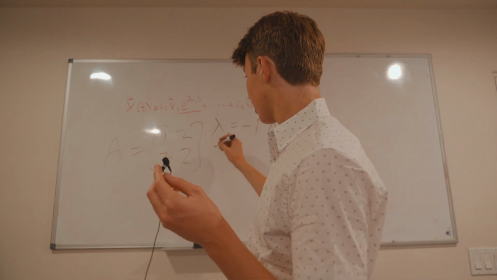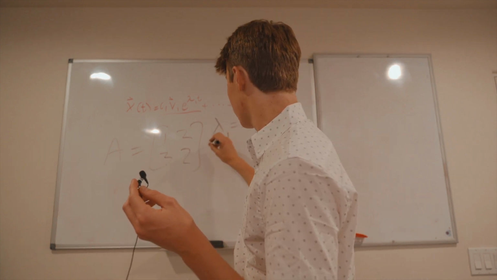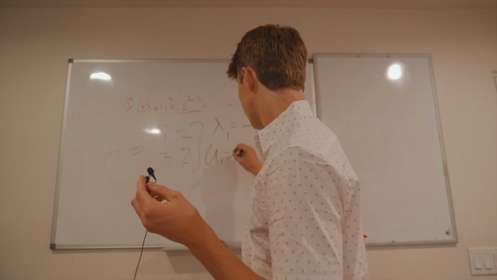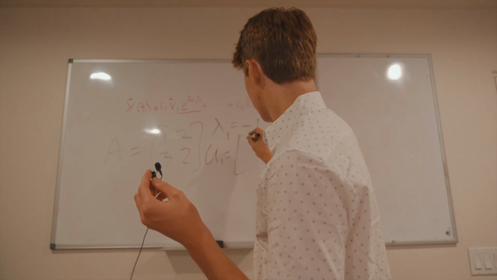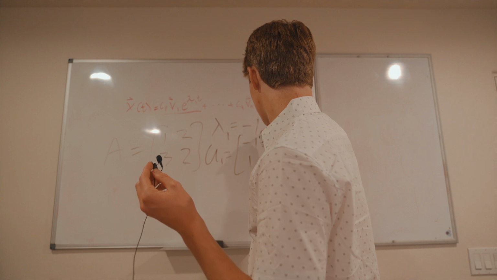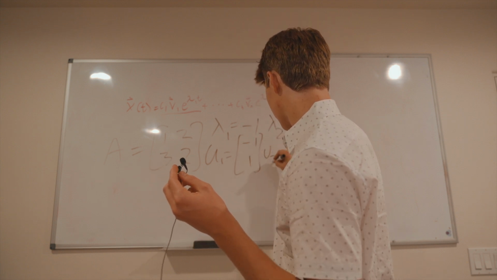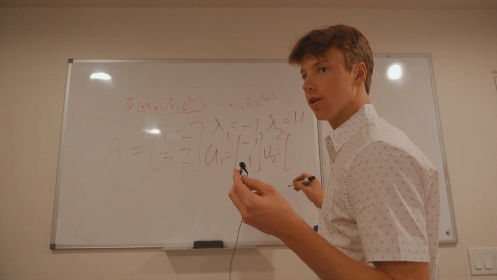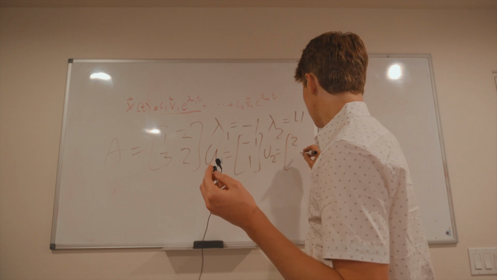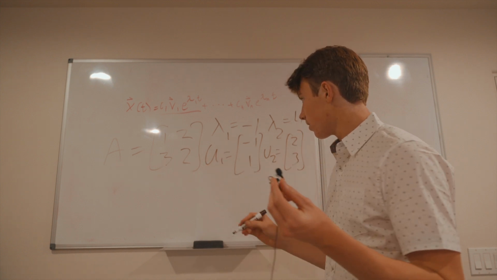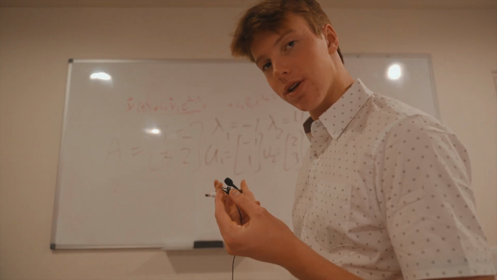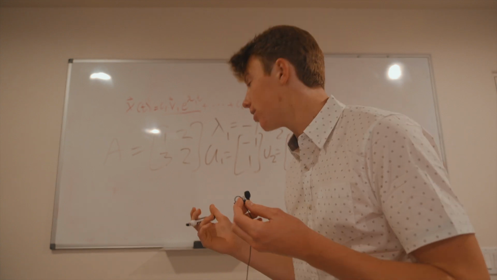We also have eigenvector 1, which we will call u, is equal to negative 1, 1. And eigenvector 2 is equal to 2, 3. So, given all of these, we can now discuss graphing.